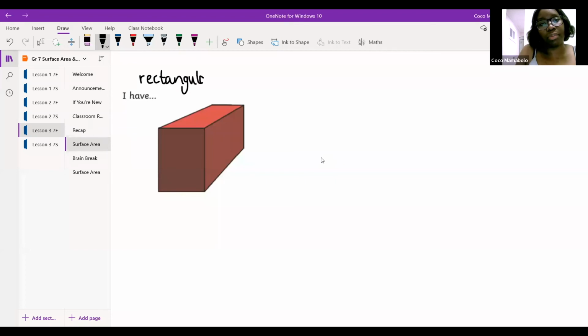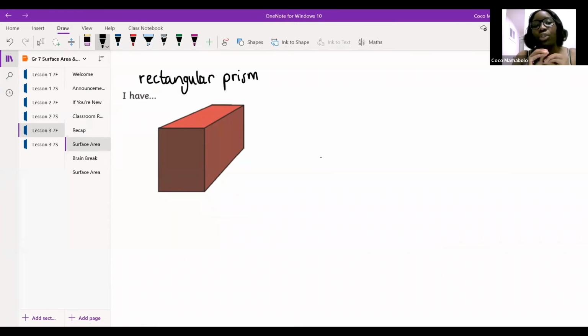Now, guys, tell me in the chat, does a rectangular prism have all the sides the same like a cube does? Emerson, I didn't even finish my sentence and he was already like, no. Good, guys. It does not. It does not have every single side the same.